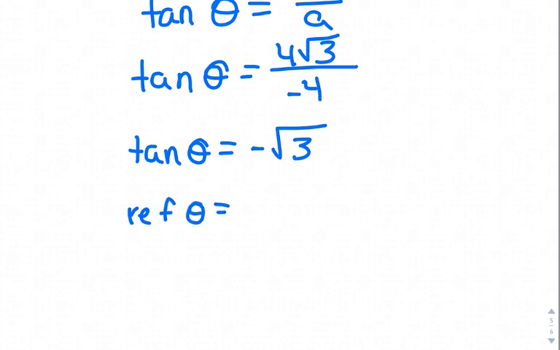So on the 2 previous pages I told you that you had to memorize that chart where at 30 degrees tan is radical 3 over 3, at 45 degrees tan is 1, and at 60 degrees tan is radical 3. So if you had that memorized, this is a lot easier. So here I see tan theta equals radical 3, so I know that has to be somewhere at 60 degrees.